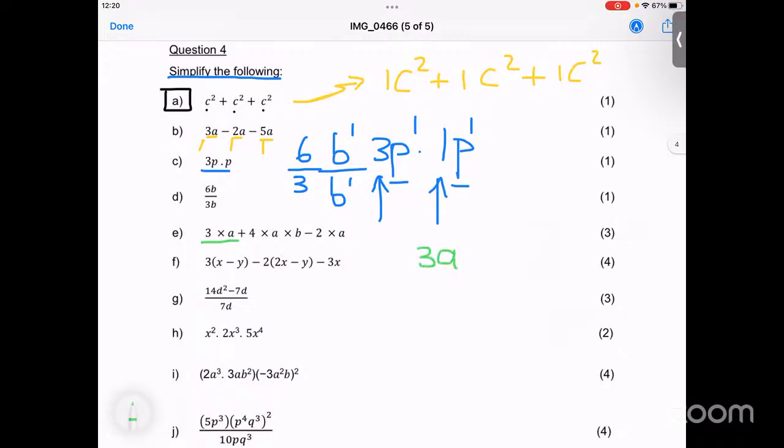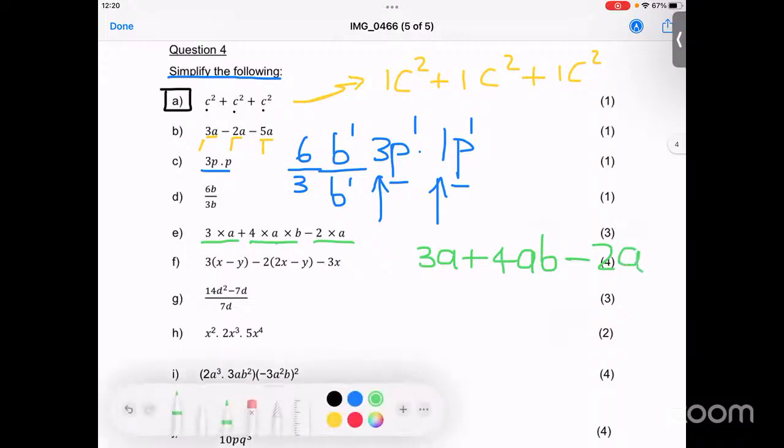Just be careful. Then in between you have a plus. Then in this section, you have 4 that multiplies with the a, then it becomes that. Not only that, it extends to multiplying that b. And then you have a minus sign. And then you have 2 that is multiplying the a.